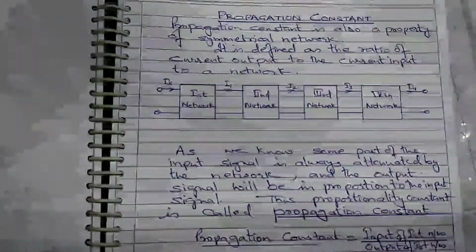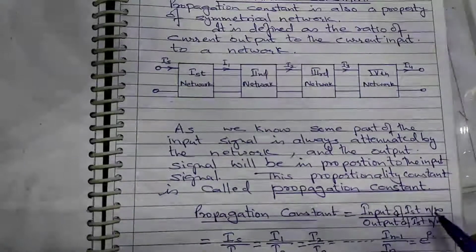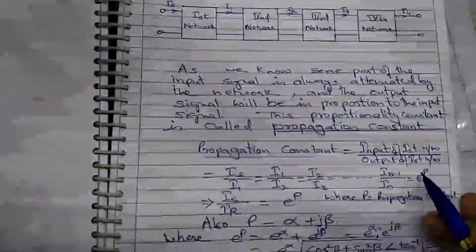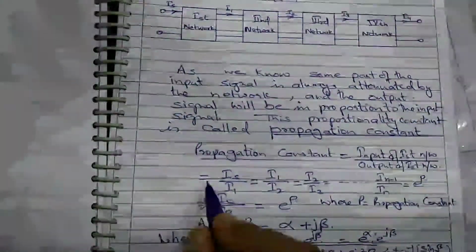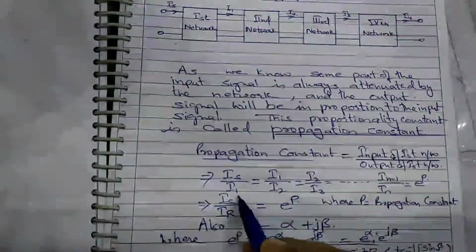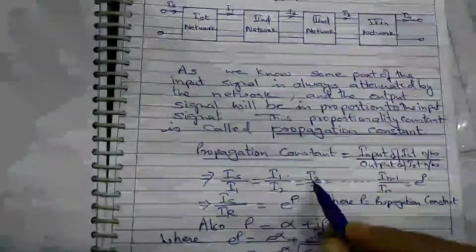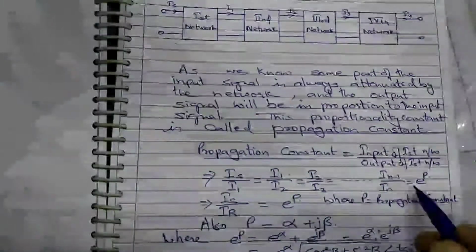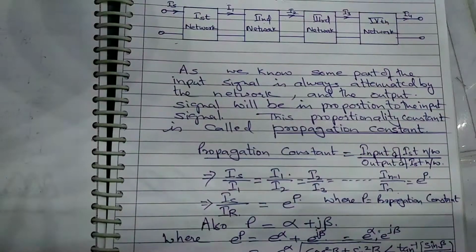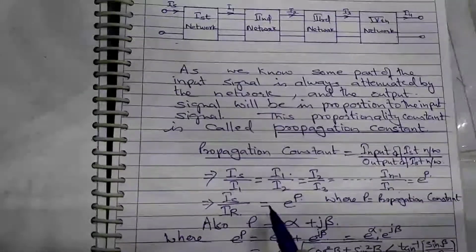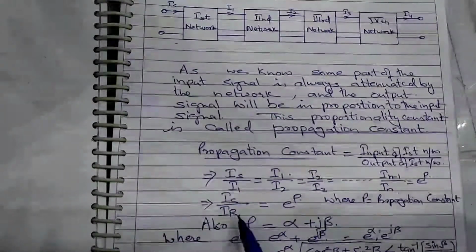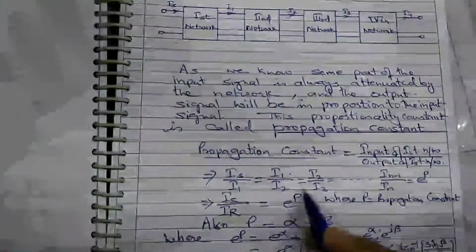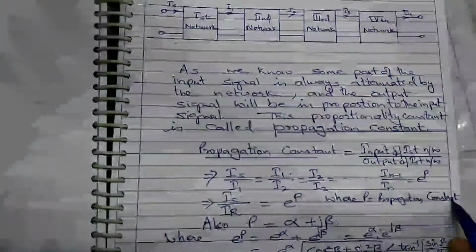Propagation constant is equal to input of first network divided by output of the first network, which is equal to IS upon I1 equal to I1 upon I2 equal to I2 upon I3 up to I(N-1) upon IN equal to e raised to power P, where IS upon IR, the source current upon receiving port current IR, equal to e raised to power P, where P is the propagation constant.